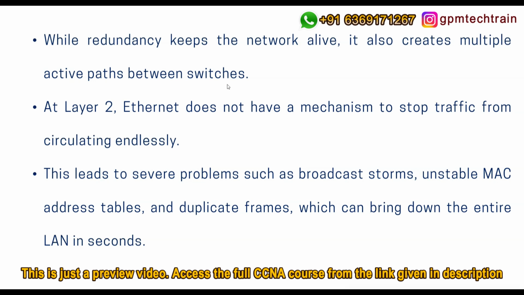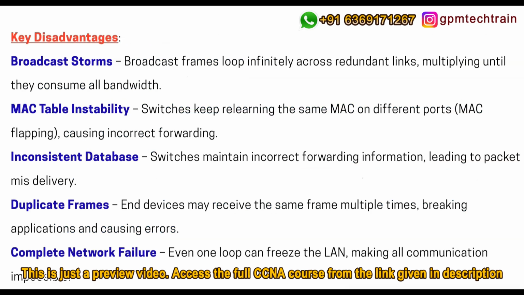I'll show you the topology on it. The Ethernet does not have a mechanism to stop the traffic from circulating endlessly. This leads to severe problems such as broadcast storms, unstable MAC address tables, and duplicate frames, which can bring the entire network down, and this would happen in seconds.